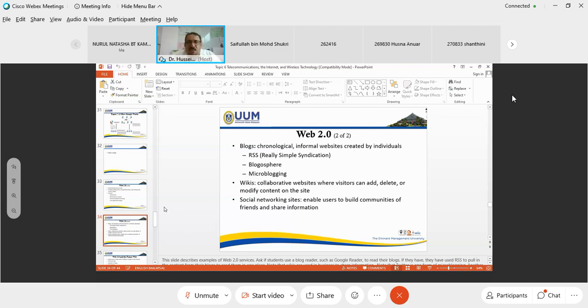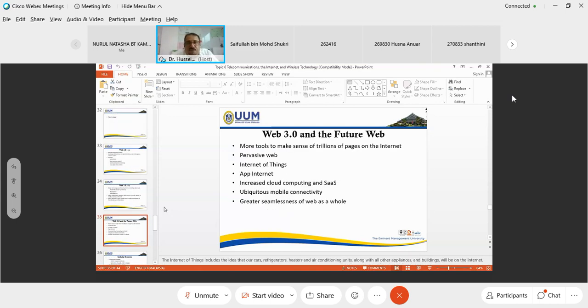Everyone had to add one sentence or point that explains a single topic, or write something to show their perspective. Social networking sites are also Web 2.0, because they enable users to build communities of friends and share information. A lot of social networking, like Facebook.